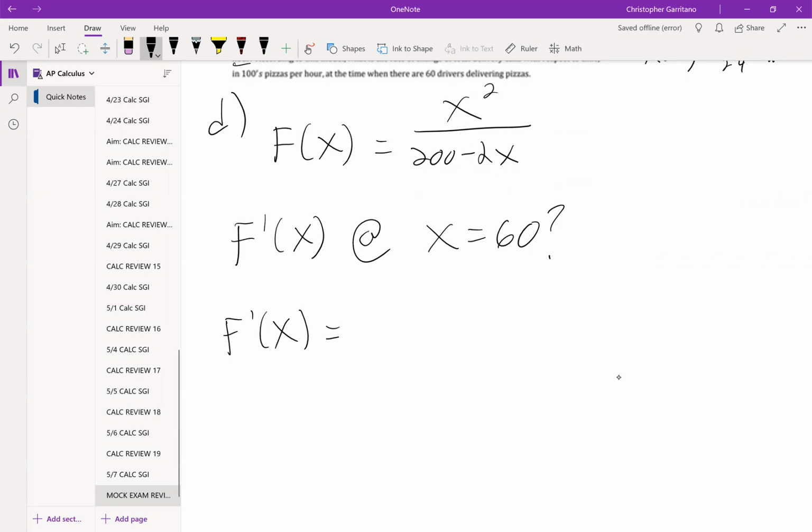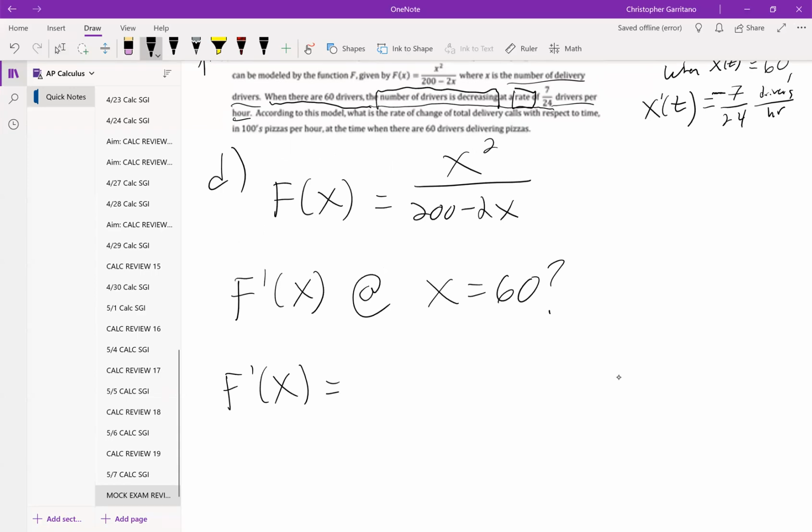The one thing is you have to pay attention that we are looking at the derivative of big F with respect to time. So I'm applying d dt to both sides of this equation, which means that in this instance, I'm thinking of x not as x, but as x of t, some function of time.